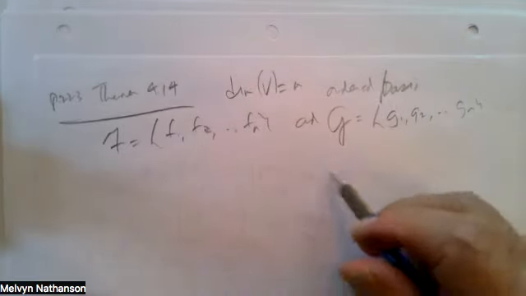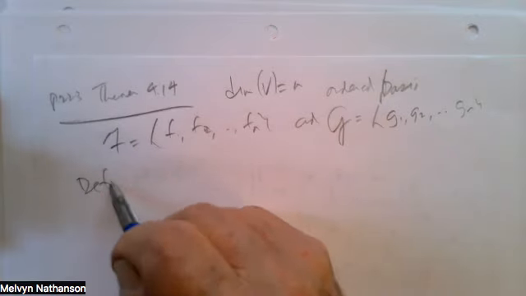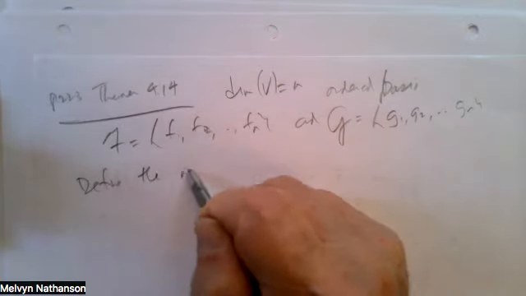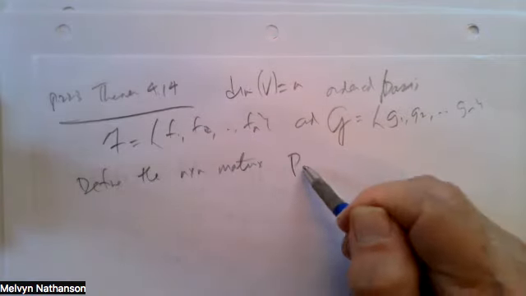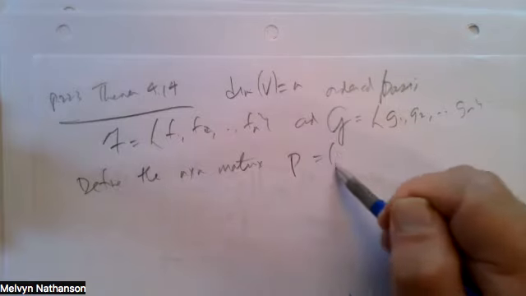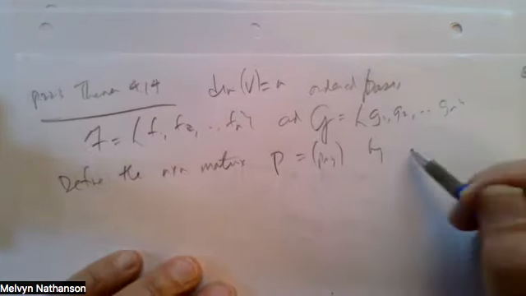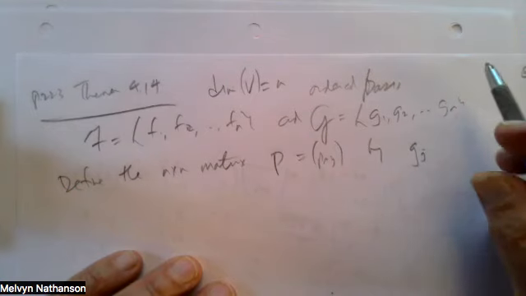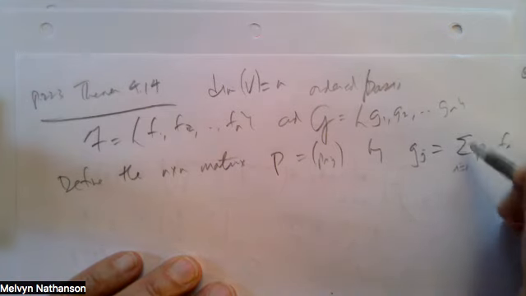So you can define the n by n matrix P, with coordinates Pij, by writing each G sub j as a linear combination of the sum of Pij F sub i, i goes from 1 up to n.